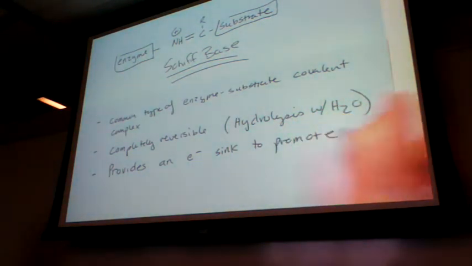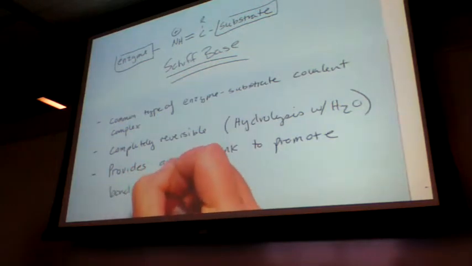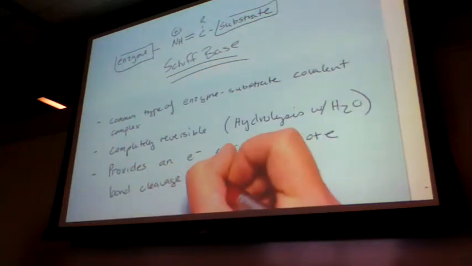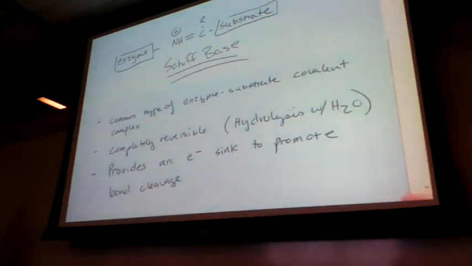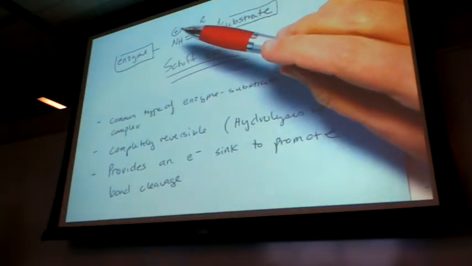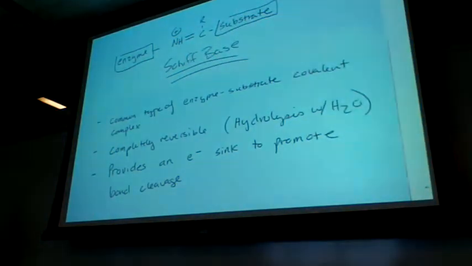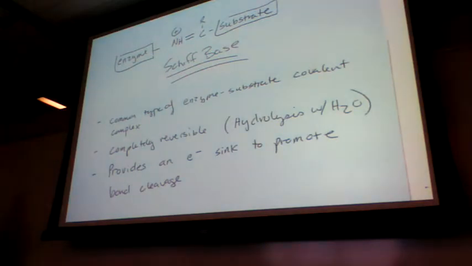And what's great about these things is that they provide an electron sink. Promote bond cleavage. So this little positive charge on the nitrogen, it likes to pull electrons towards it.